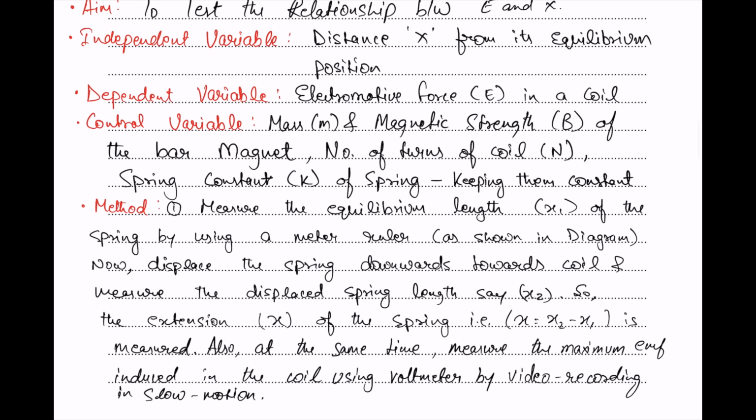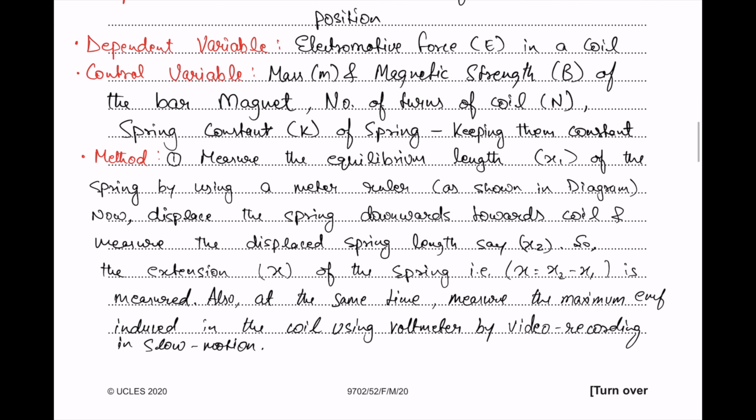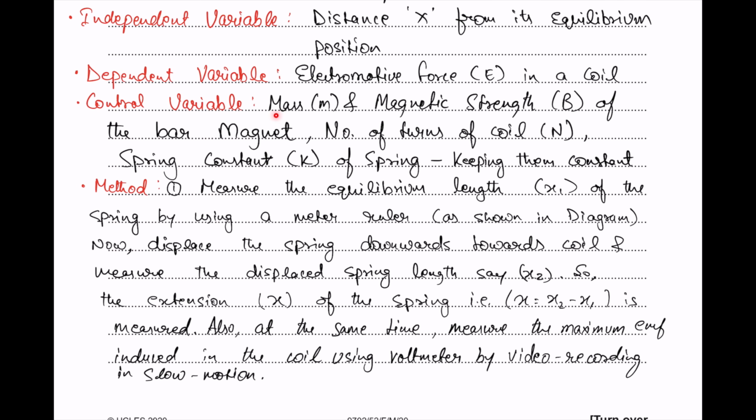Okay. Now that is your control variable. What are the variables that you are supposed to control while performing your experiment? I will not change the mass or the magnetic strength, that is, I will not change the bar magnet. I will keep the bar magnet the same throughout the experiment, so I can keep the mass and magnetic field strength of the magnet the same.